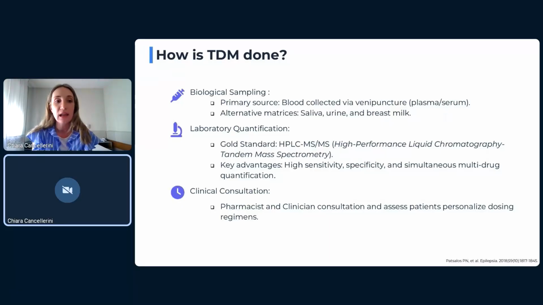Once the biological samples are collected, the laboratory quantification requires extreme precision. And today, the gold standard is high-performance liquid chromatography mass spectrometry, HPLC-MS, because this technique can offer high sensitivity and simultaneous multi-drug quantification. And then the pharmacist and clinician consultation assess the patient's personalized dosing and see if the dose is well prescribed.